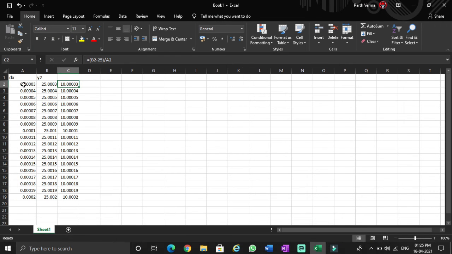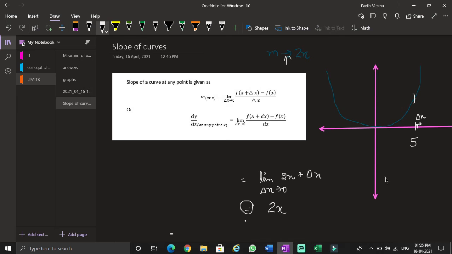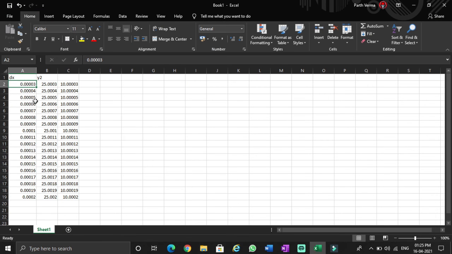So let's focus here. What is this? It's dx. dx means a point in the neighborhood of x. Which point? We have taken 5, and this is dx, and we have kept many values for dx.